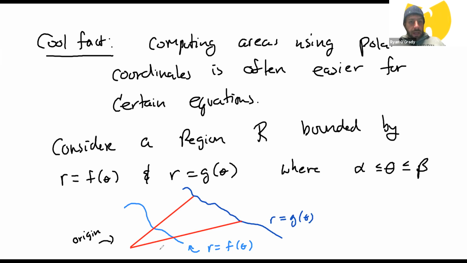This angle right here would be your alpha, and then this big one would be your beta. And the region R is going to be this pink shaded region.